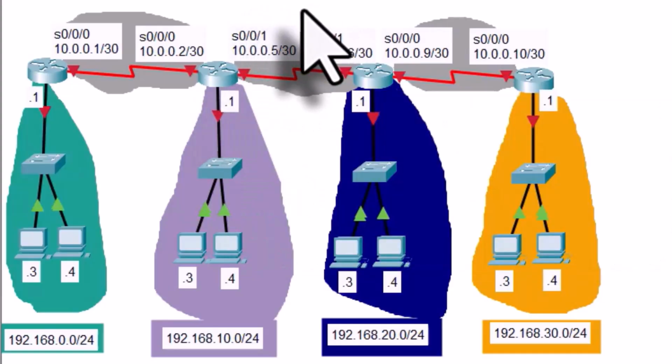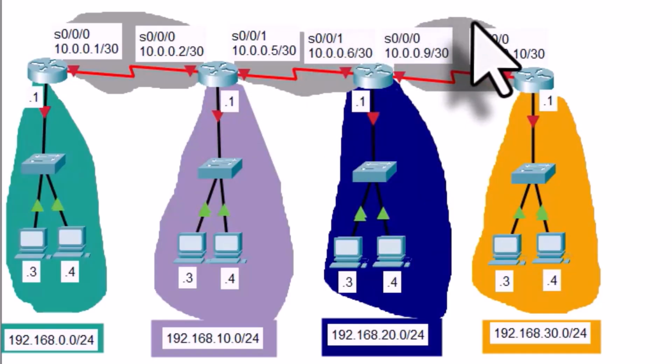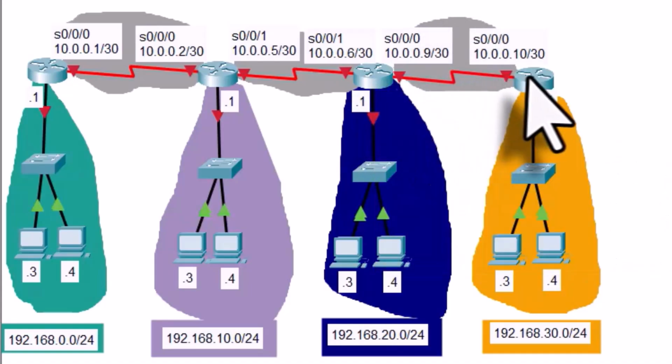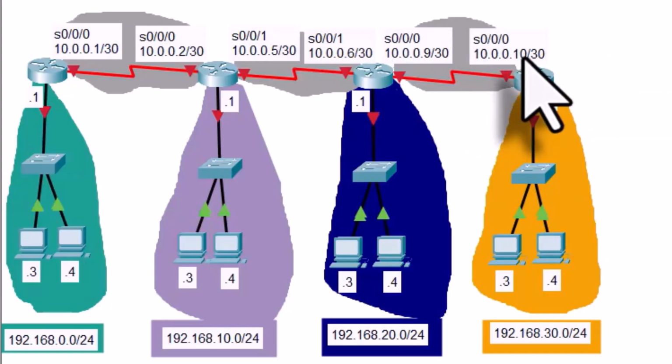We have the 10.0.0.4 network between router 2 and router 3. And we have the 10.0.0.8 network between router 3 and router 4. And that's going to be important for configuring our next hop IP addresses.